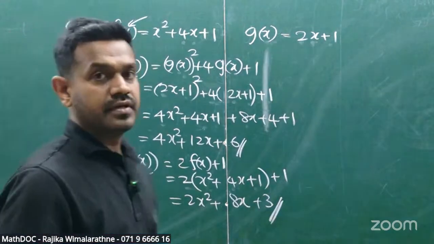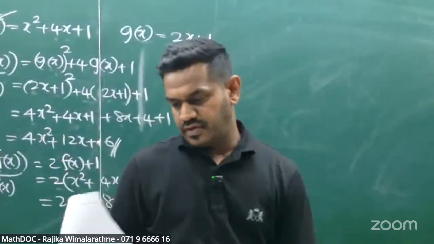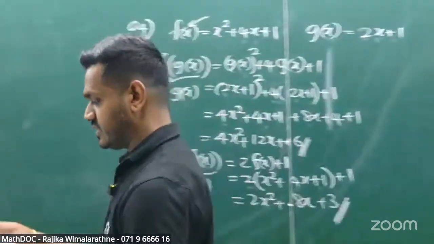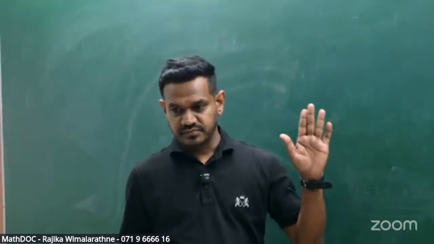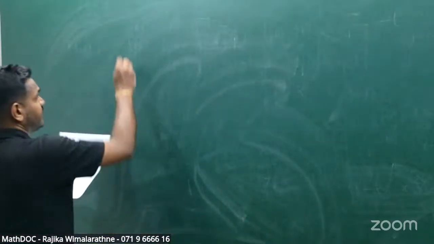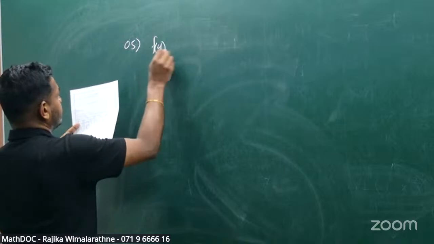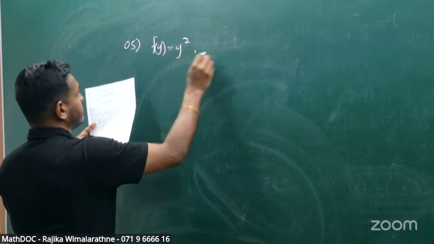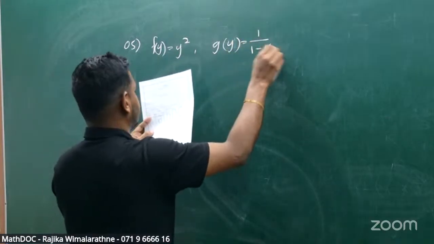Okay. Now, again, let's move to question number 5. Check it now. Here, question number 5: f(y) equals y squared, g(y) equals 1 over 1 minus y.